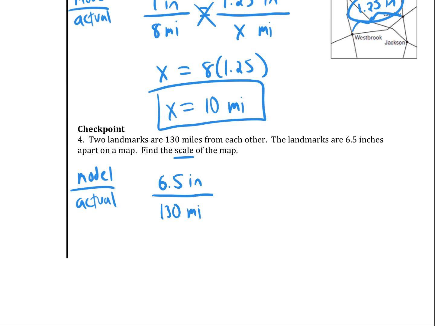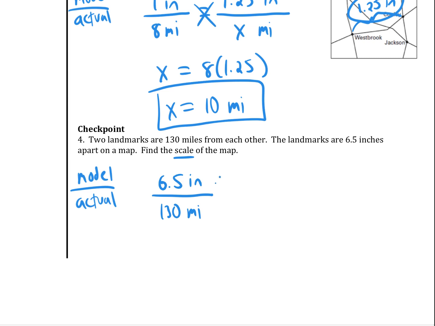Now we want a scale, so we want to divide by the smaller number here. What's the smaller number? 6.5. Even if the units were flipped, 6.5 would still be the smaller number, but just keep that in mind. You divide by the smaller number in the actual fraction.